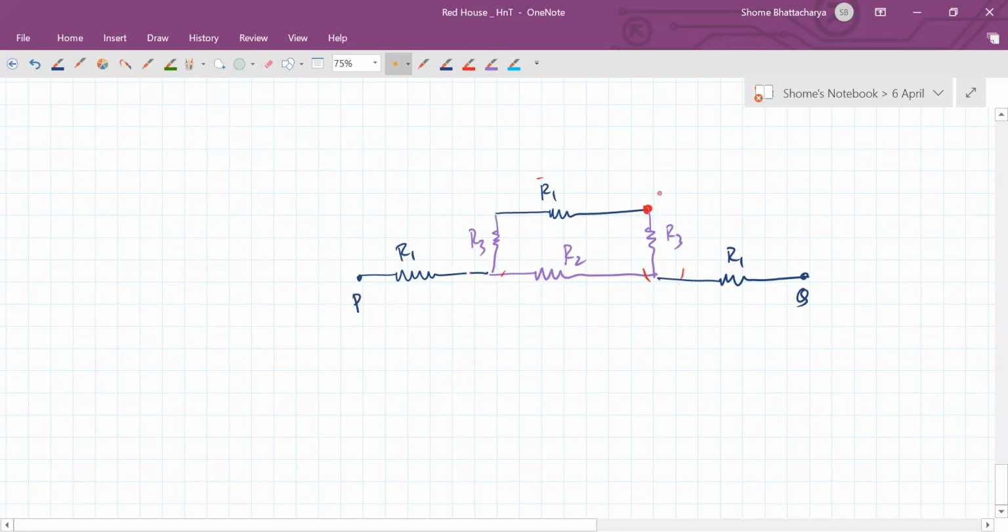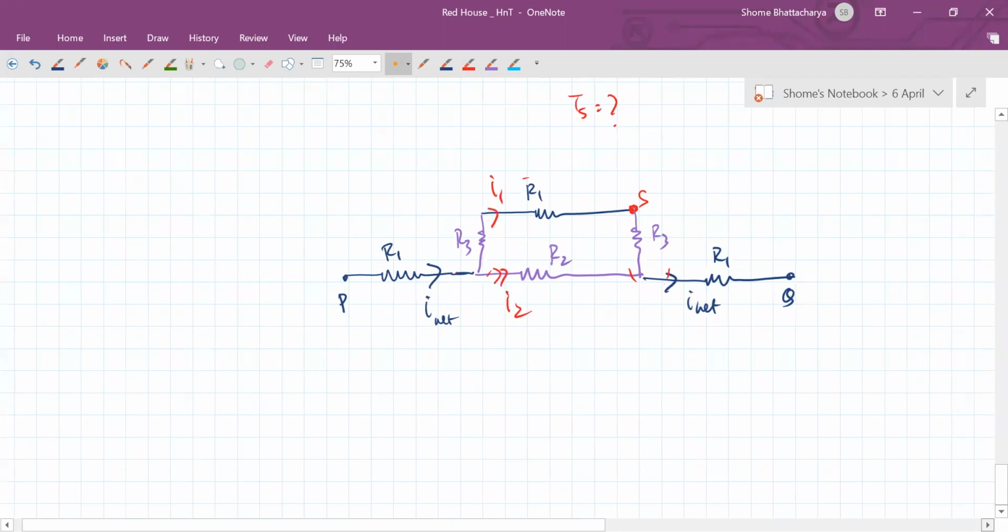Anyhow, so this temperature I want to find out. Now I know this current. This was the net current, and this coming back here. Okay. And I can also calculate. Suppose this current is I1, and this current is I2. Okay.